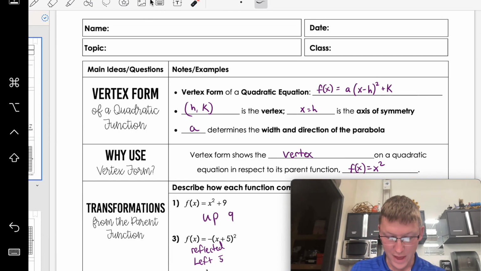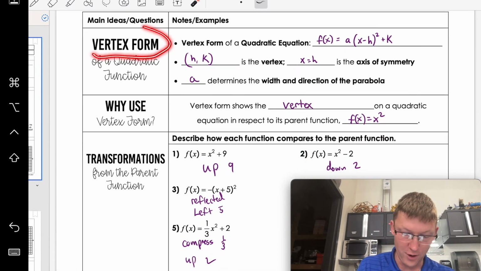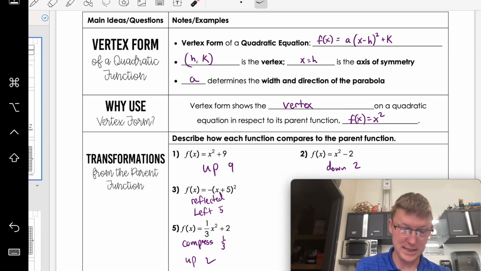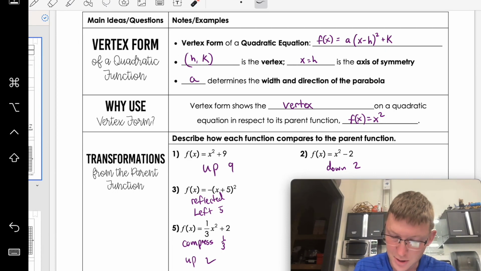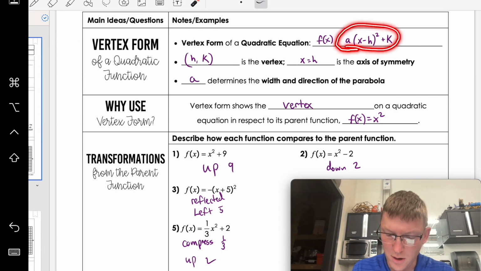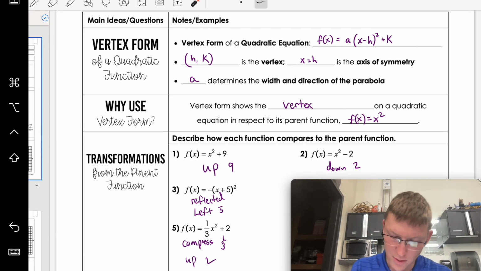The name of that formula is just a quadratic function in vertex form. When I say vertex form, that means that we're using this new format. The equation should look a little familiar from when we were doing the transformations. In our parentheses, notice we have a squared right there.